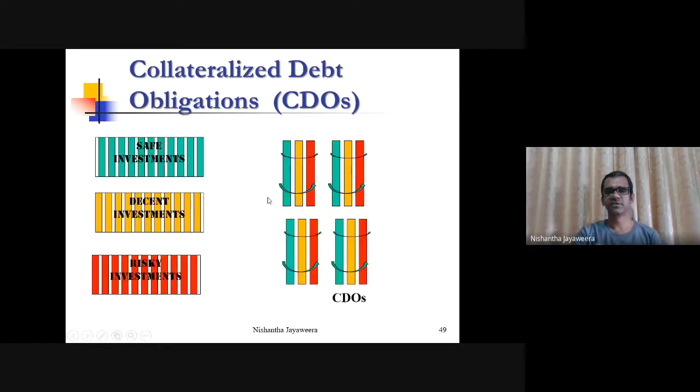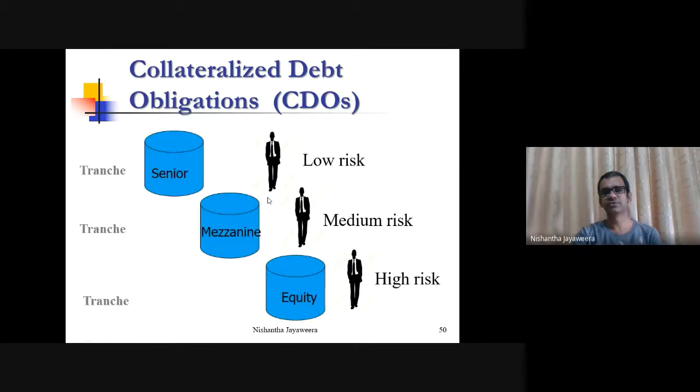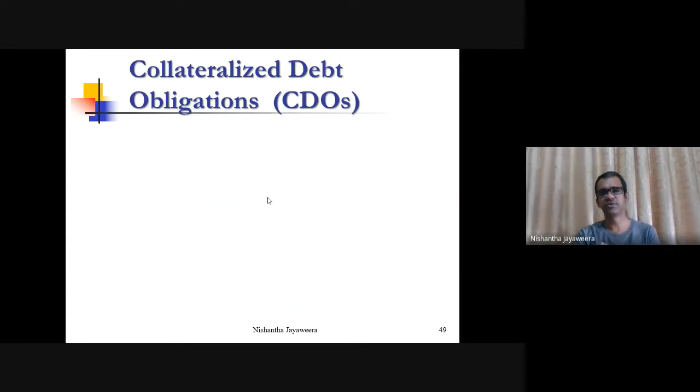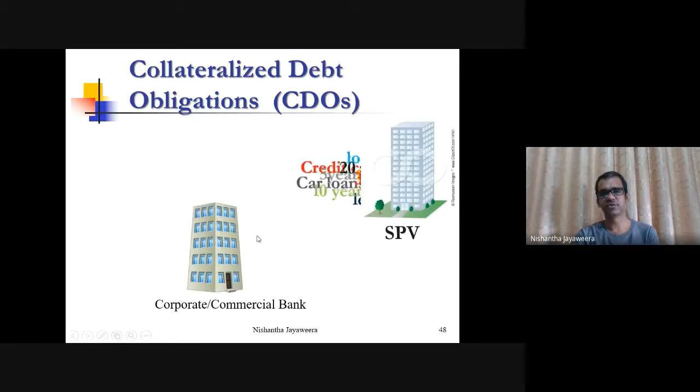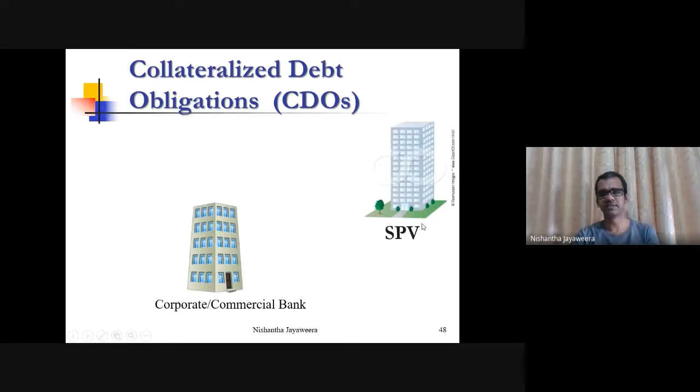tranches. So that's how a special purpose vehicle or special purpose entity generates the funds needed to pay the commercial bank or the corporate when the SPV purchases all those assets.